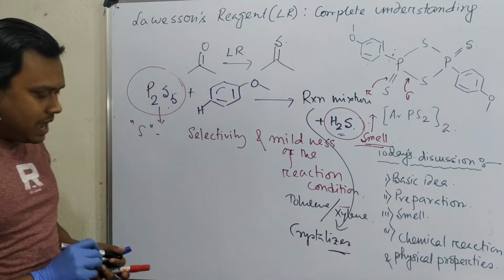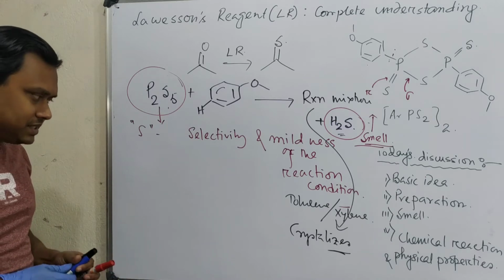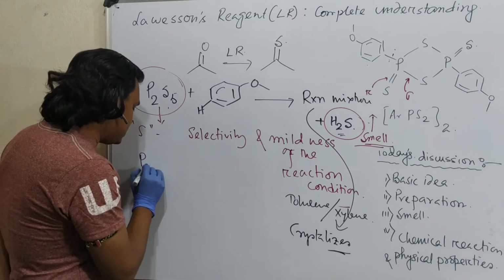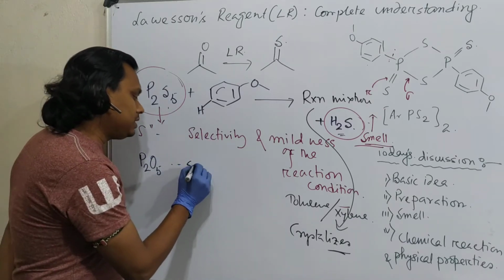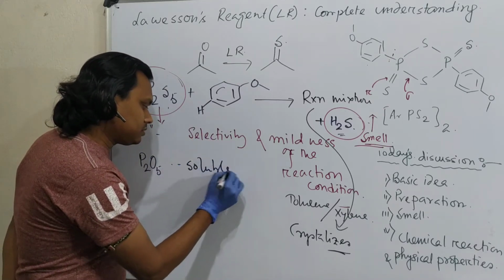And by the way, a simple question may come to your mind, sir, phosphorus oxygen compounds like P2O5 are soluble in polar solvents.